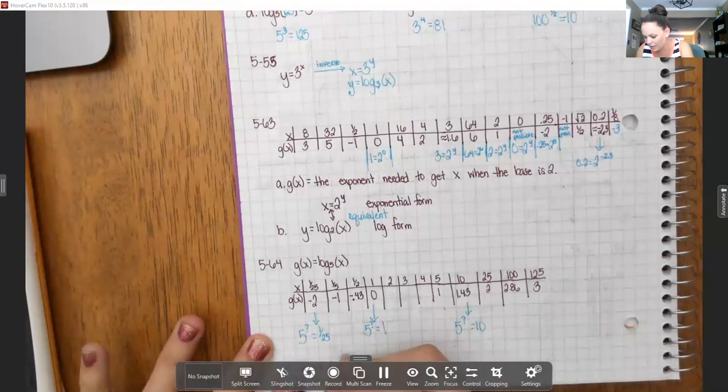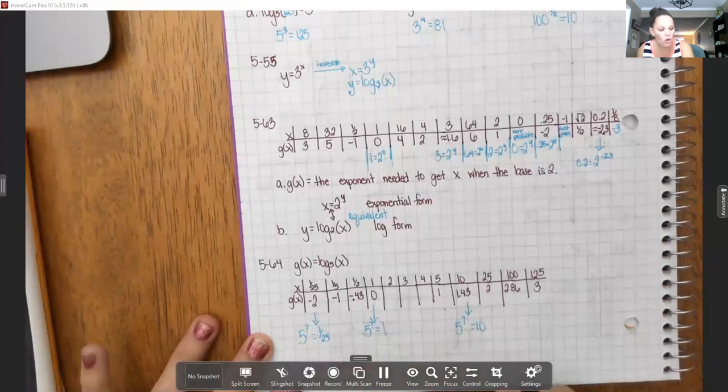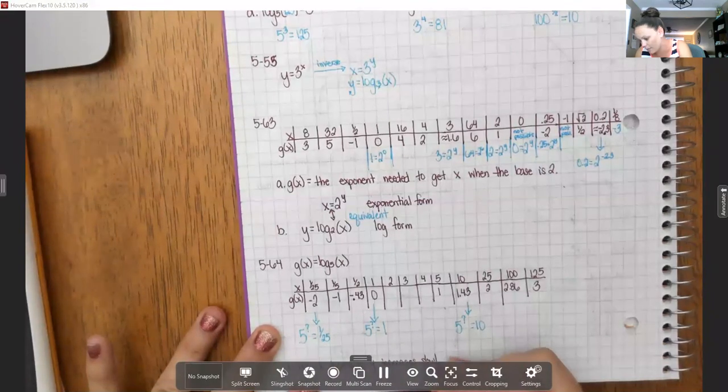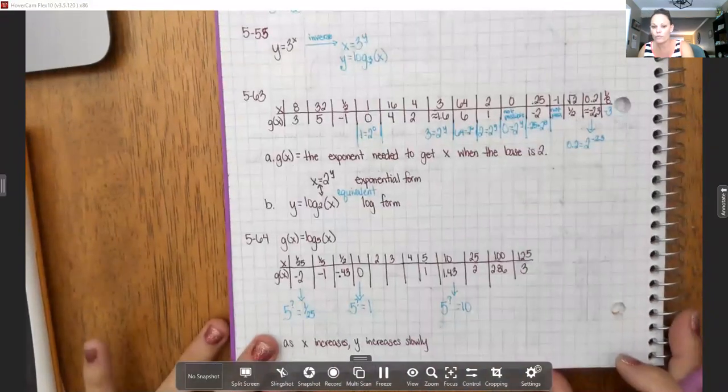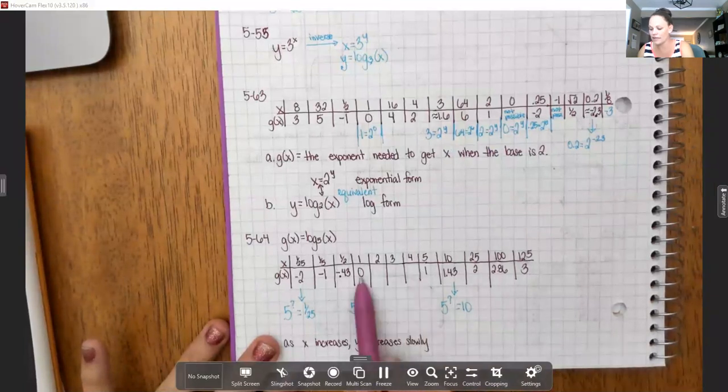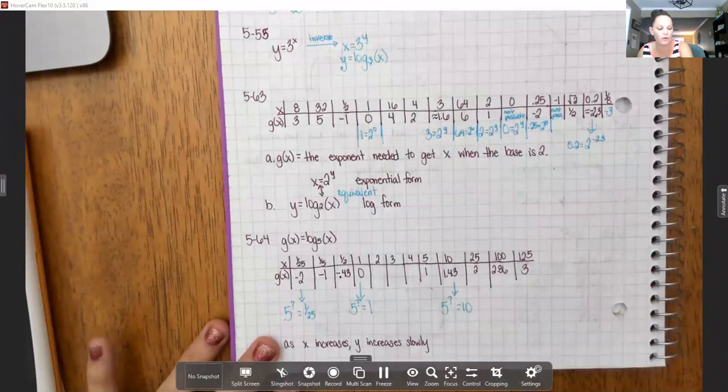So as x increases, y, or g of x, increases slowly. It's still increasing, but it's going up very slowly. I could fill all of these in. They're numbers between 0 and 1, and they're increasing, not a super big deal.